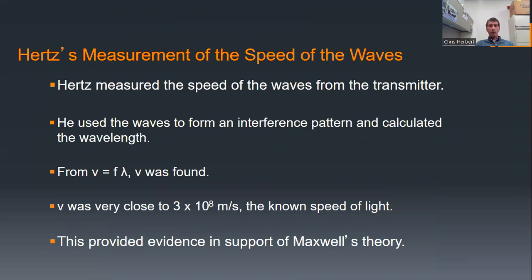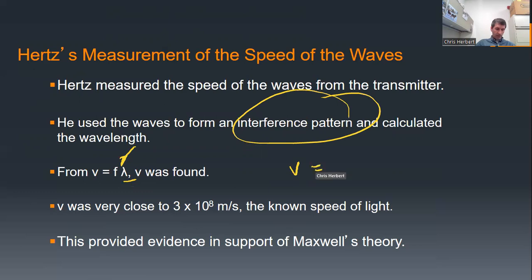And what he found is from the interference pattern, you could determine the wavelength. He knew the frequency of the LC circuit. And of course, we know that the speed of any wave is equal to lambda times v. And the number that he got was very, very close to that of c. Okay? It's traveling at the speed of light. So this provided evidence to support Maxwell's theory.